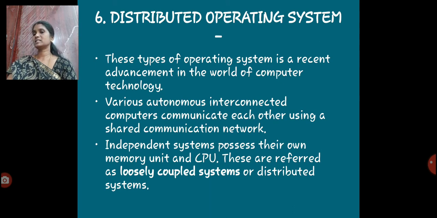So every unit is a single isolated computer device. That is called a loosely coupled system. When they run on a single OS, it is tightly coupled. They don't share a single OS in a distributed operating system. Each and every system has its own operating system. That is called loose coupling.